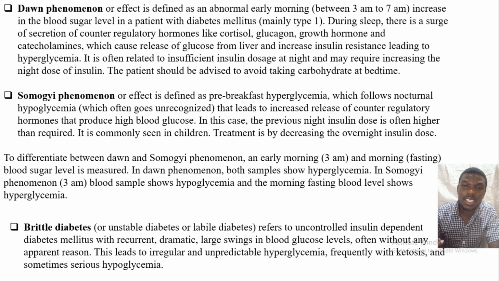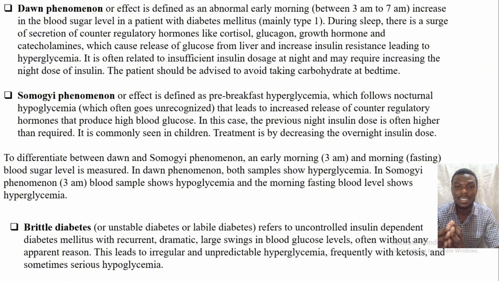In this effect, the blood sugars in the morning are high, but around 3 a.m. the blood sugars are low. This is how you differentiate between the dawn and Somogyi effects, because in both there is hyperglycemia in the morning, but in the Somogyi phenomenon the 3 a.m. blood sugar is low.